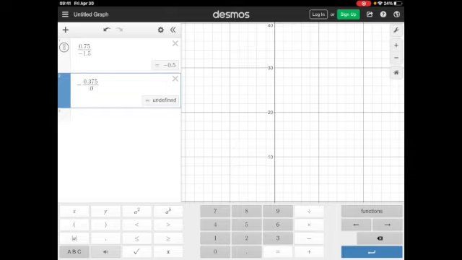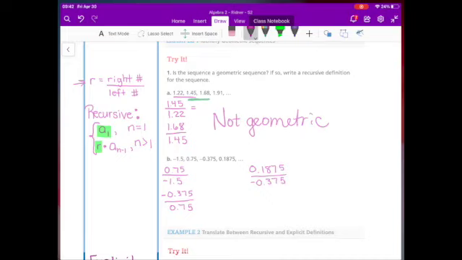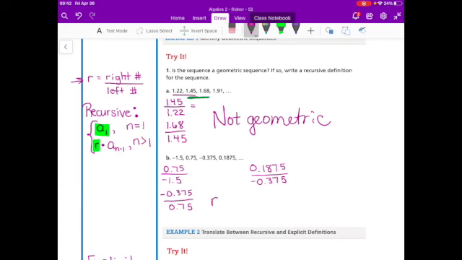Uh-oh. 7.5. Oh, okay. Let's make sure that the last one there is also the same. And it is. So the common ratio is negative 1/2. Because every time that I divided that, I got negative 1/2.